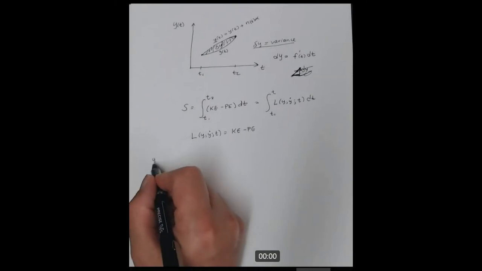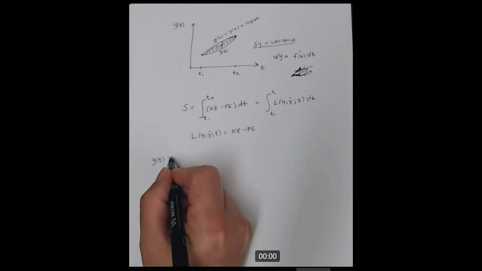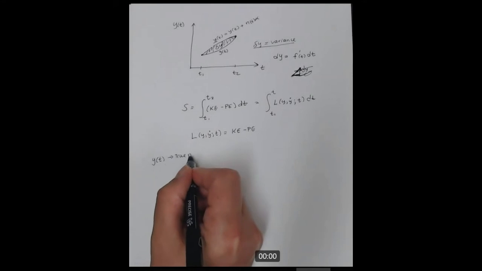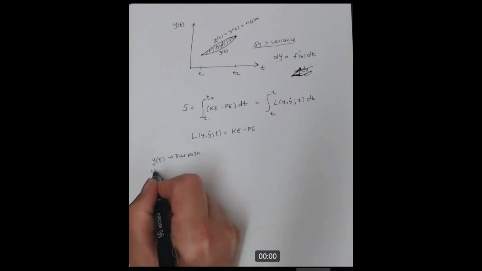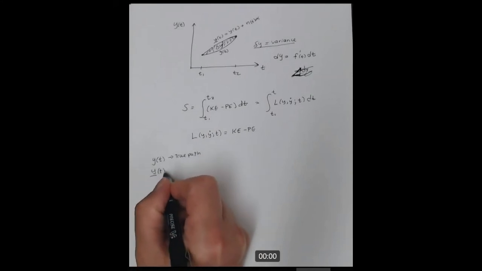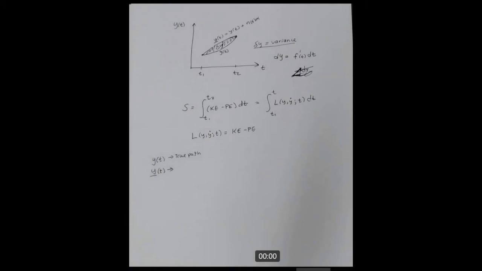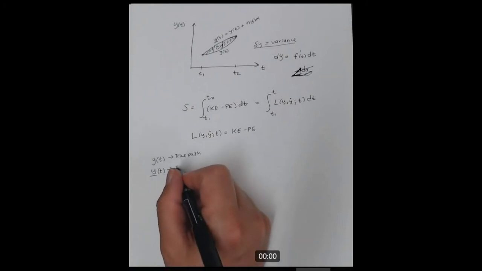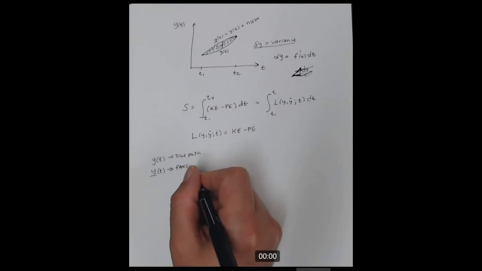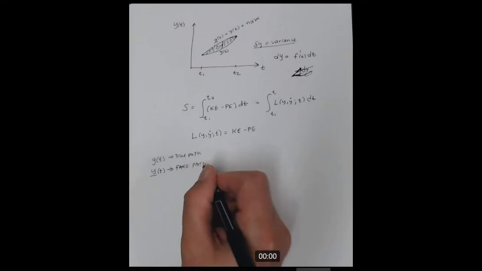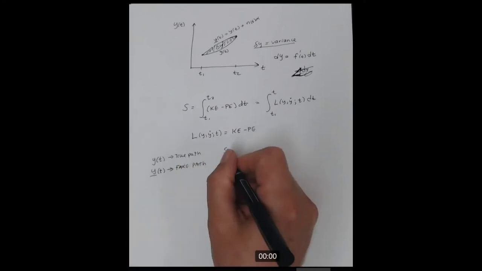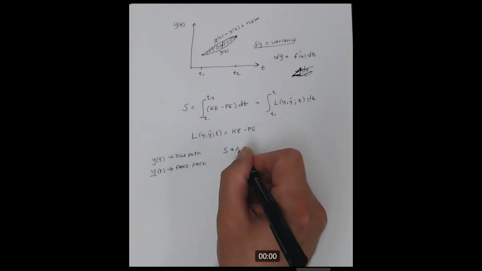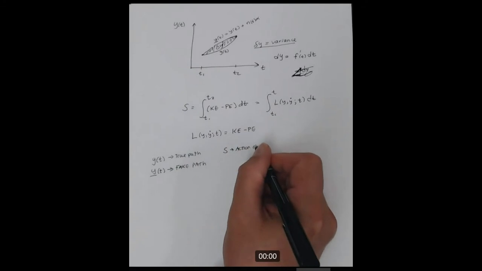Okay, so y of t is the true path. Y underscore, this is, if you want to call it, the fake path. It's not the true path. It minimizes the action. So S is the action of the true path.